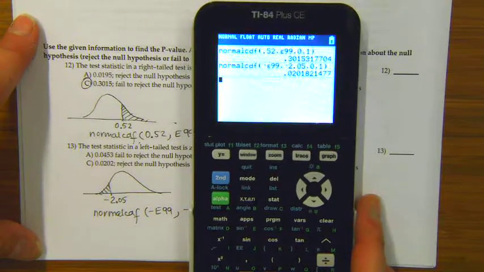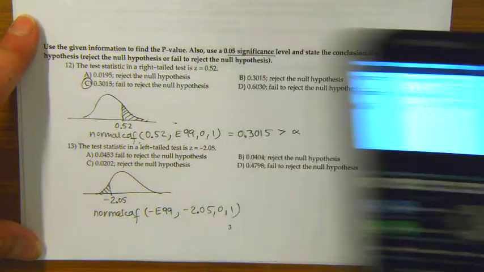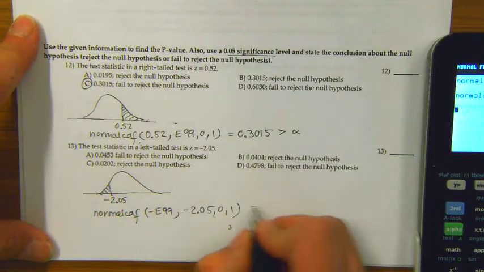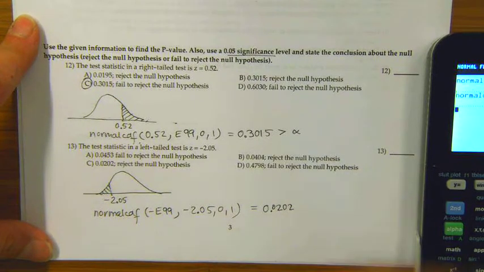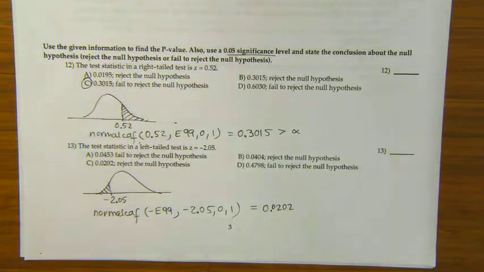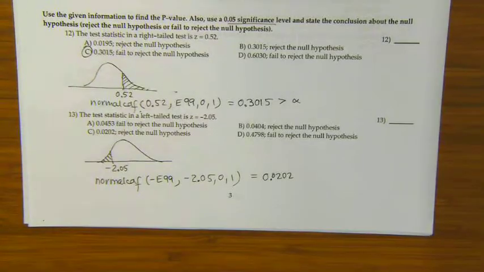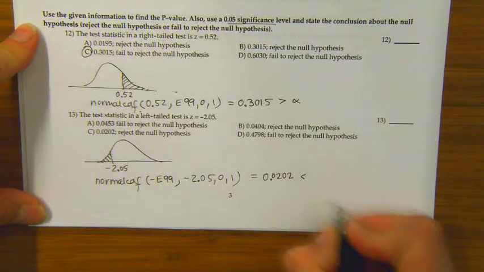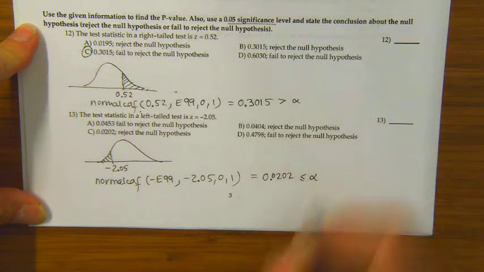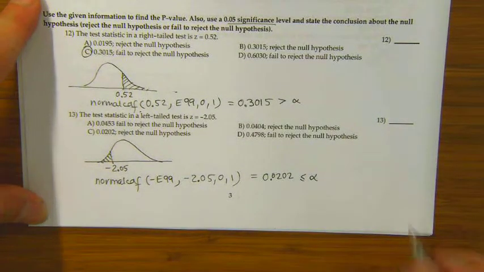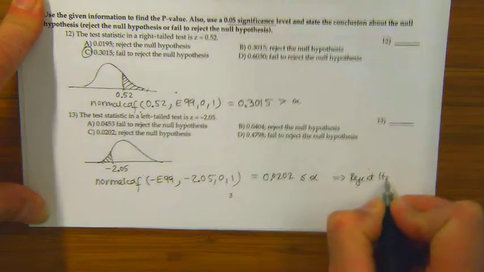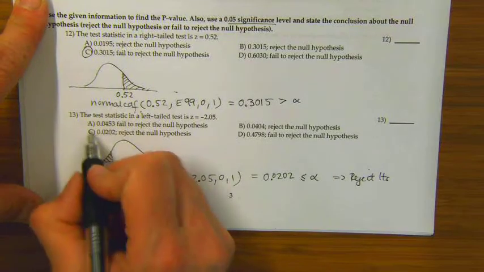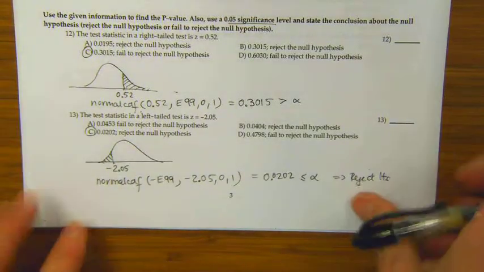And so we have an area to the left of 0.0202. That's our p-value. What's our conclusion? This p-value is less than or equal to alpha. When the p is low, we're going to reject the null. So 0.02, and reject the null hypothesis.